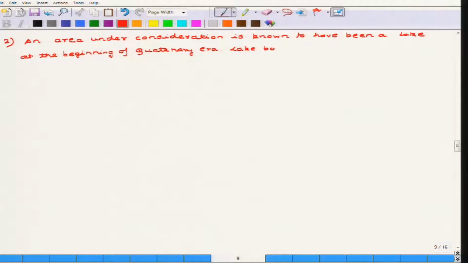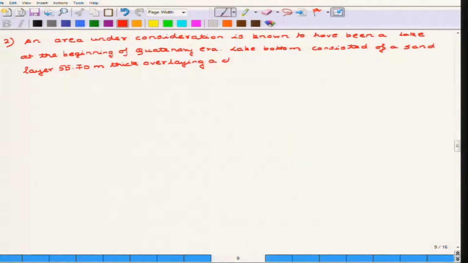The lake bottom consisted of a sand layer 55.70 meter thick, overlaying a clay layer of 7.6 meter thickness.